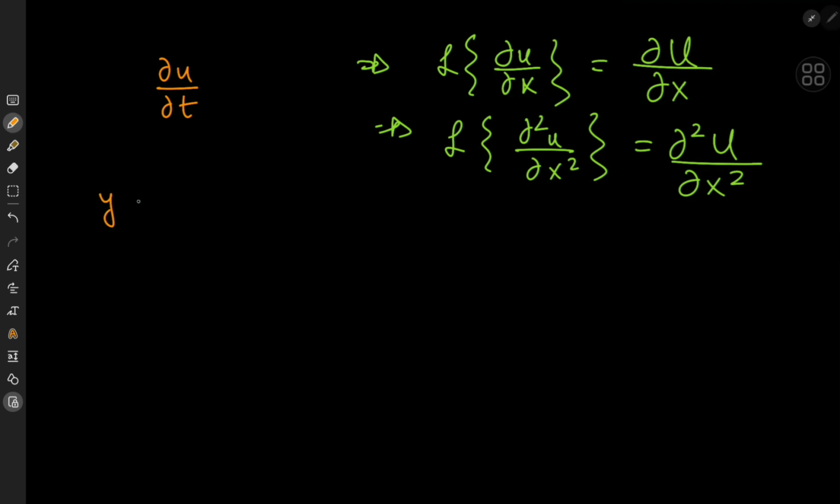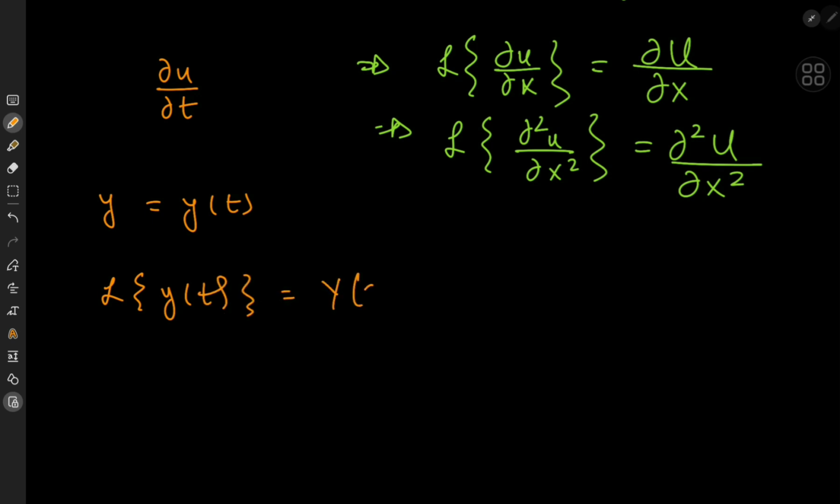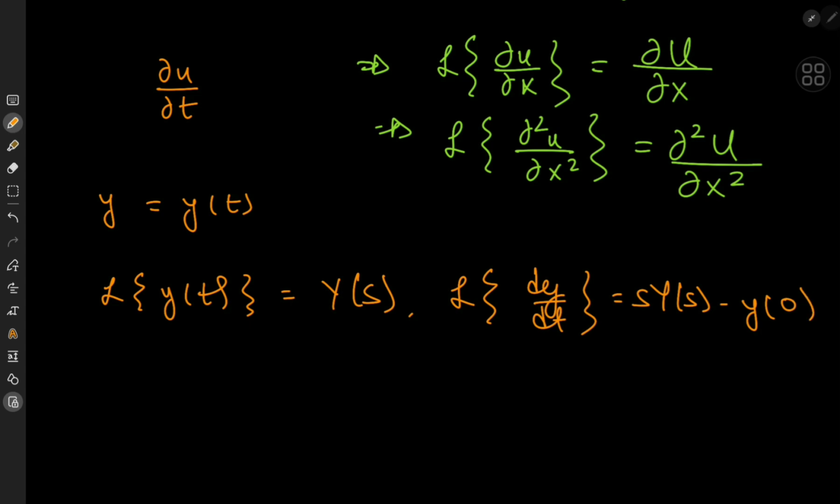So first up, recall that if we have a function y being a function of t, and we call the Laplace transform of y of t as uppercase Y of s, then the Laplace transform of dy by dt is in fact s times Y of s minus y evaluated at t equal to 0.